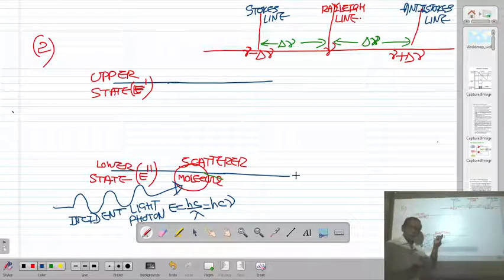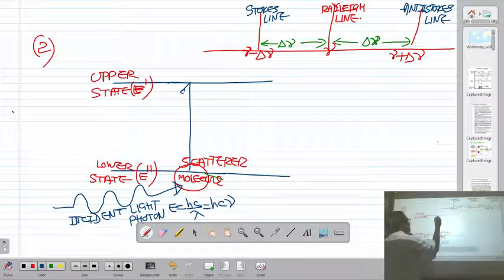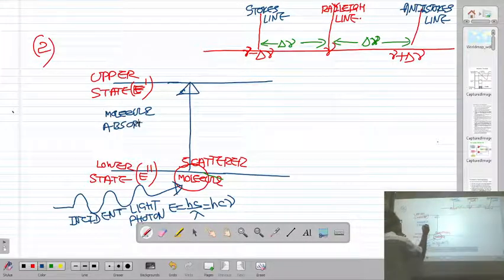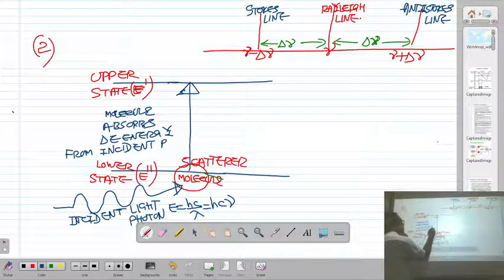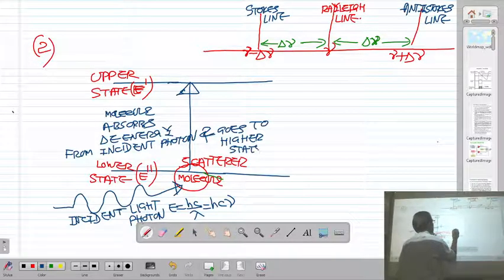Okay, now what happens in the second type of collision when an incident light photon of energy hc/λ or hν collides with the scattered molecule in the lower state E double dash, this scattered molecule will absorb ΔE energy from the incident photon and goes to higher state E dash.